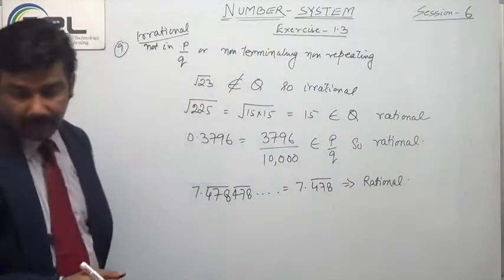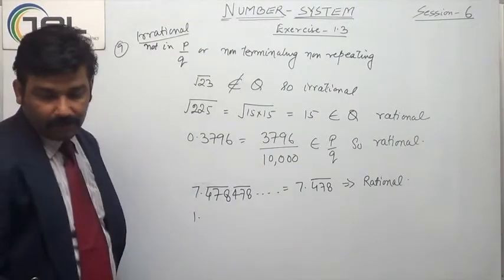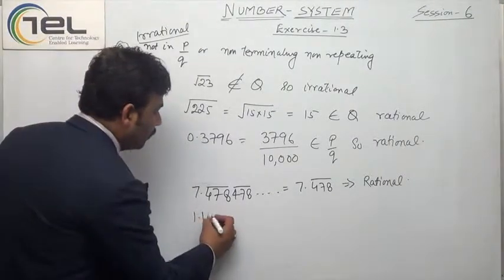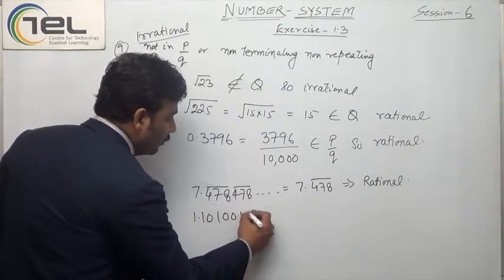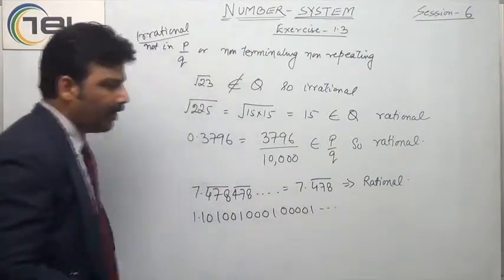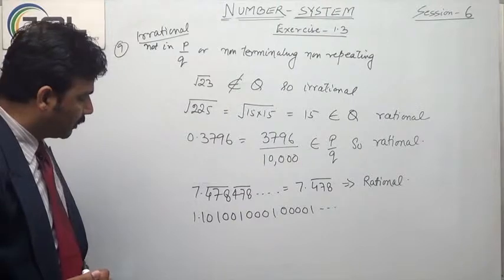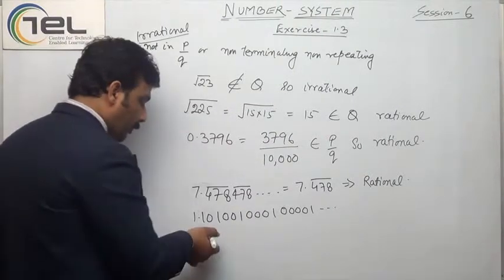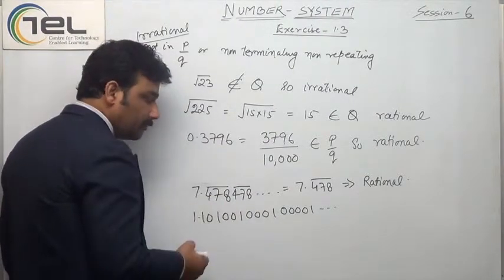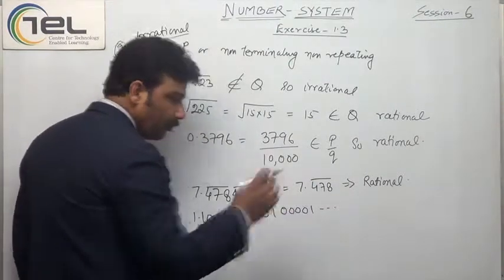And the last one: 1.101001000100001 and so on. We have an example of this in our book also. It follows a pattern, but it is not repeating: 1, 0, then 2 zeros, 3 zeros, 4 zeros.